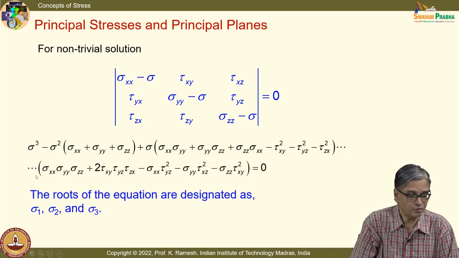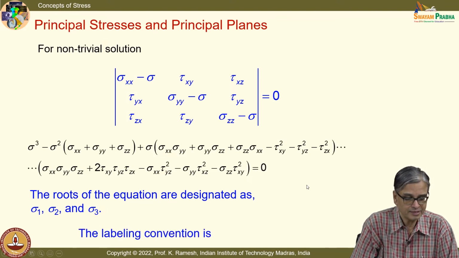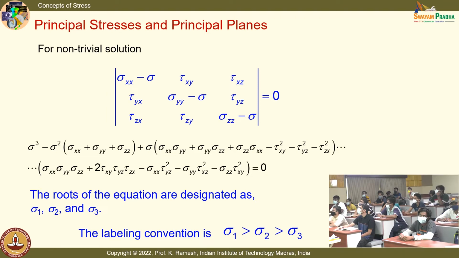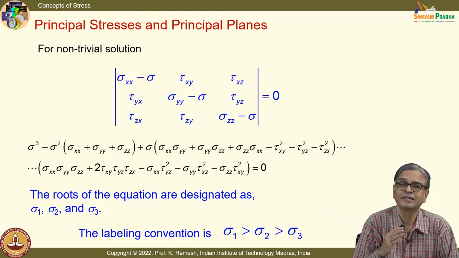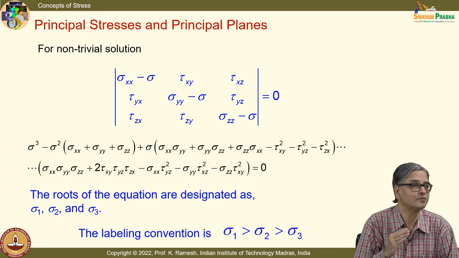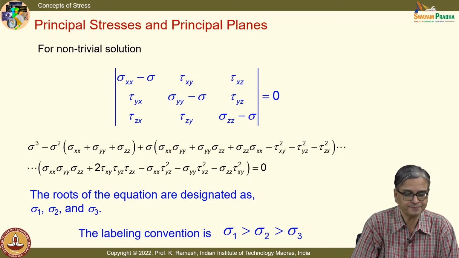The roots of the equation are designated as sigma 1, sigma 2, sigma 3. Again, the labeling convention. The idea of repetition is that you should recognize that this is important. While learning a subject, healthy repetition is very, very important.